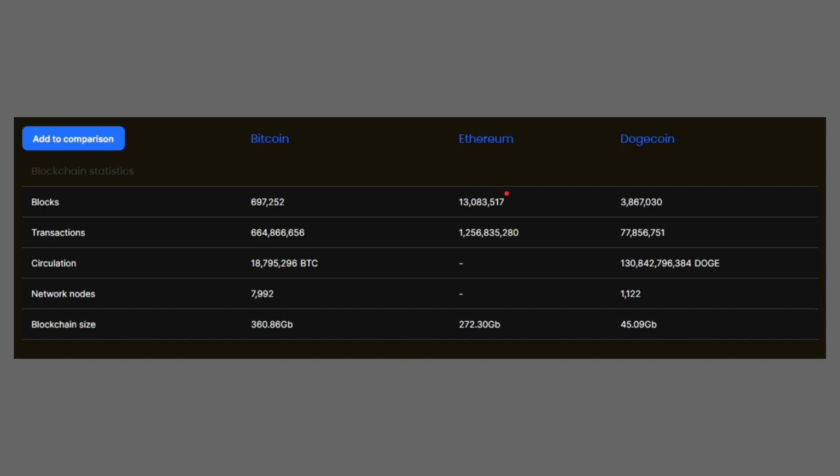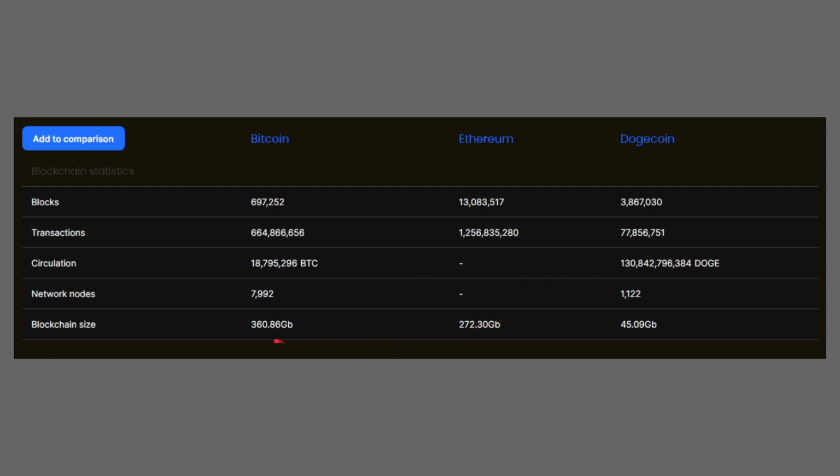In terms of transactions, once again, Ethereum has an extreme amount. 1.2 billion transactions have been verified and added to the blockchain. We also see in terms of network nodes, there's no ready amount of nodes that we know are processing and analyzing and working on the Ethereum network, whereas we have set amounts for Bitcoin and Dogecoin.